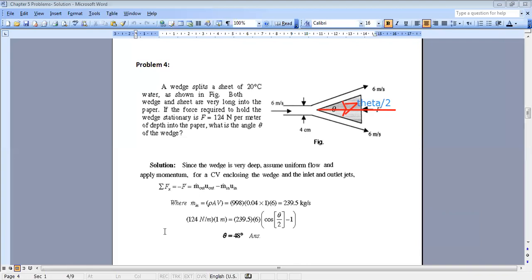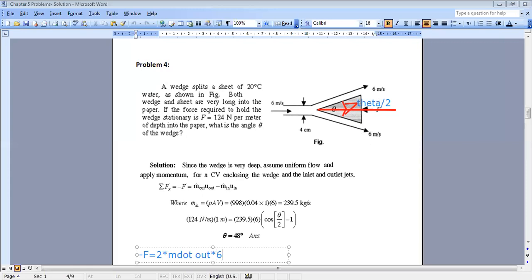So I will get minus F, and since for both I should do times cosine theta over 2, F equals 2 times m dot out times the velocity, the outlet velocity, which is 6 meters per second.